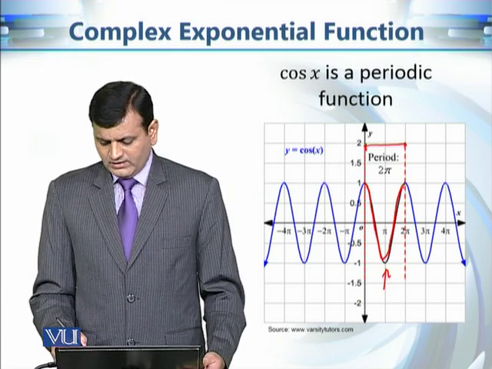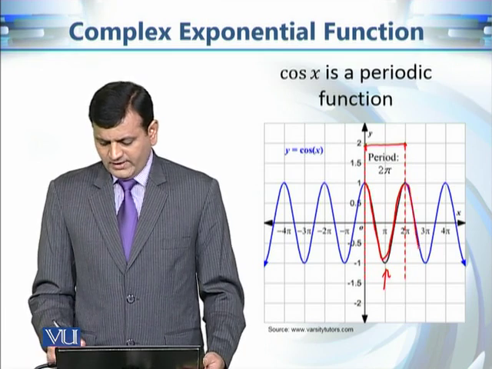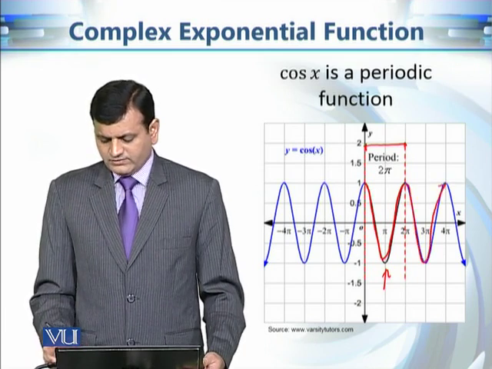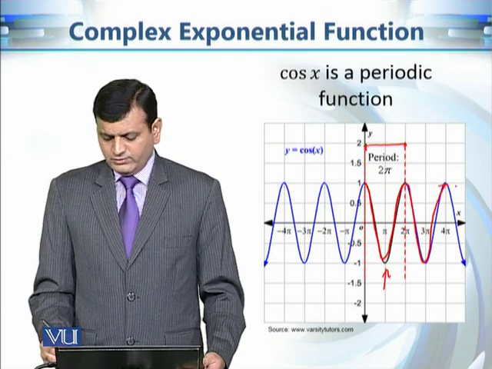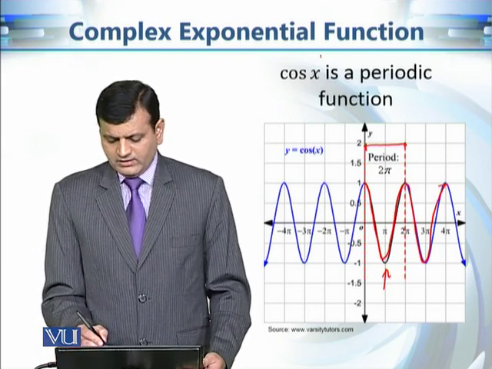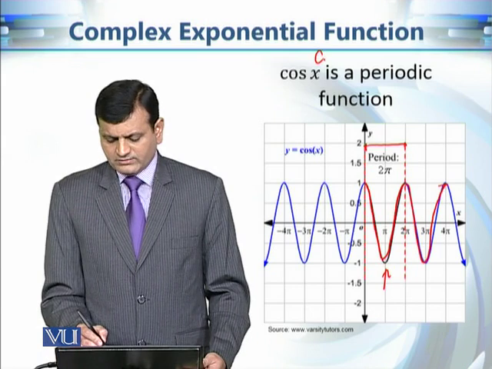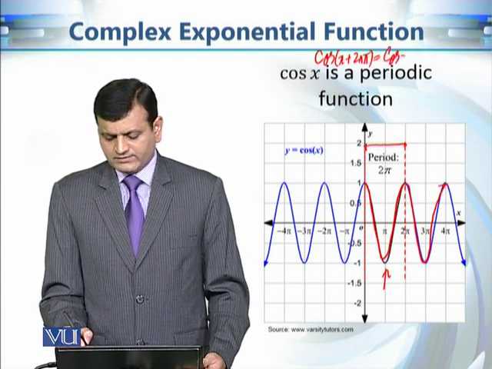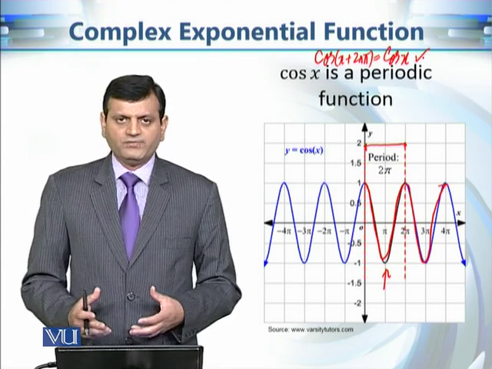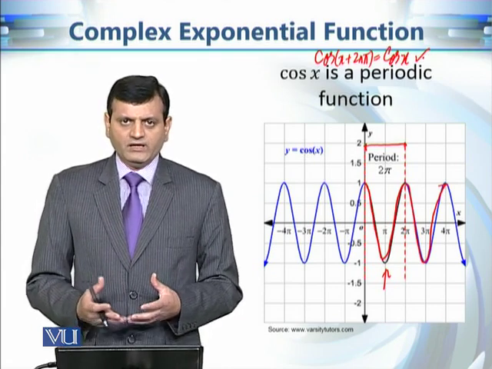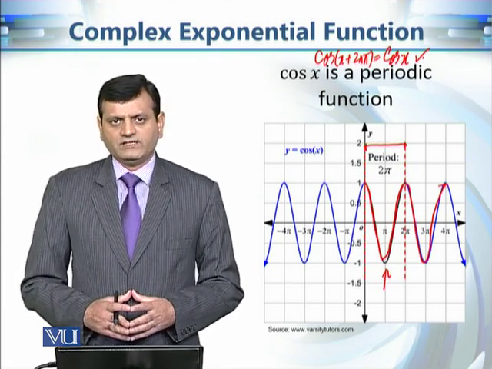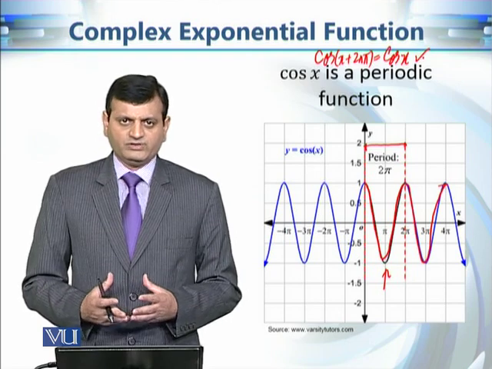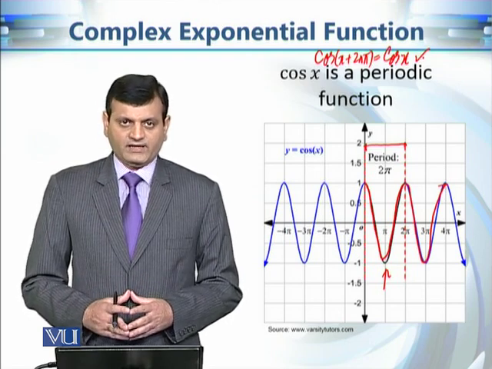In the next 2 pi interval it will start repeating its value, and so on. Similarly, as in the case of sine x, cosine of x plus 2n pi is going to be equal to cosine x. So it's a periodic function with period 2 pi, or mathematically precisely speaking, cosine of x plus 2n pi is equal to cosine x.